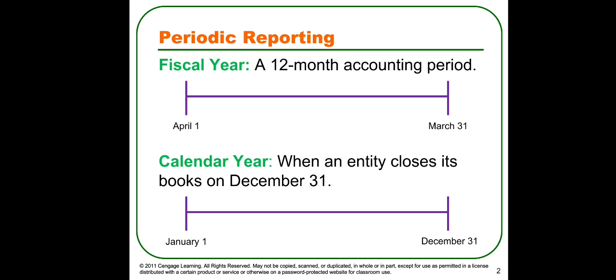And let's say in this slide, you started the business in April. So if you started the business in April this year, you have to close your account at the end of March next year. That is the compulsory period, 1 year. Remember this.